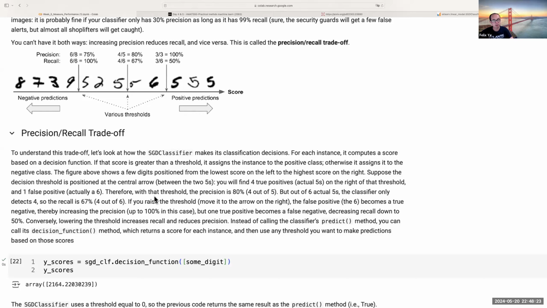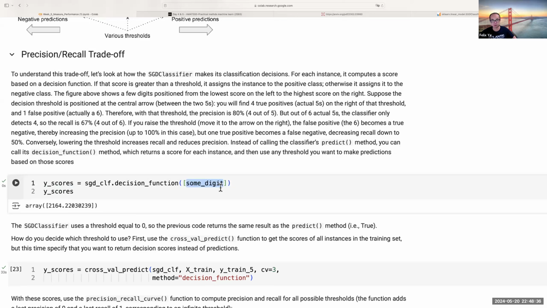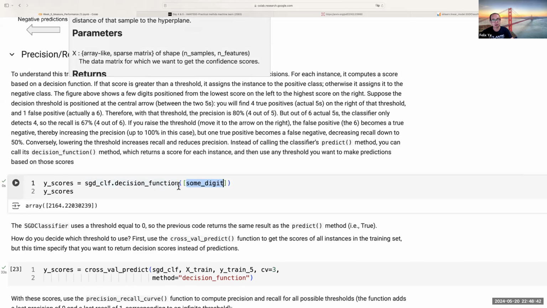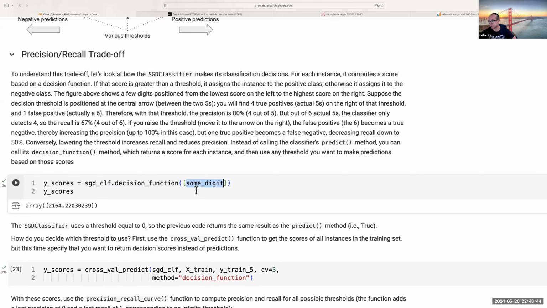I think we have talked about this right here. For this digit we have talked about, which is 5, we can check this decision function on this digit 5. The score that we got is 2,164.